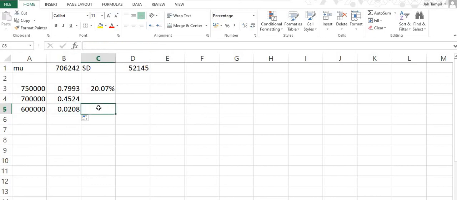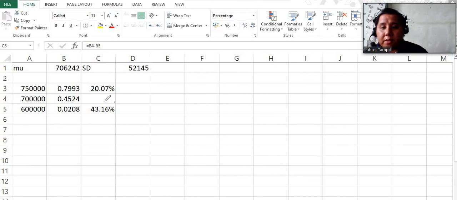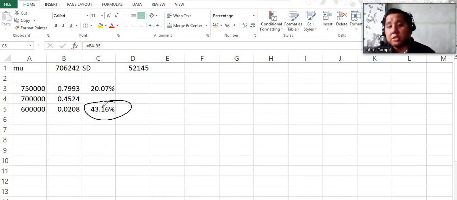But what we need is the difference of these two. So I will have equal sign, select this, minus this one, and press enter. This was already in percent format a while ago, that's why it's percent here. So now we can see that the probability that a certain jail would have population between 600 to 700,000 is 43.16%.